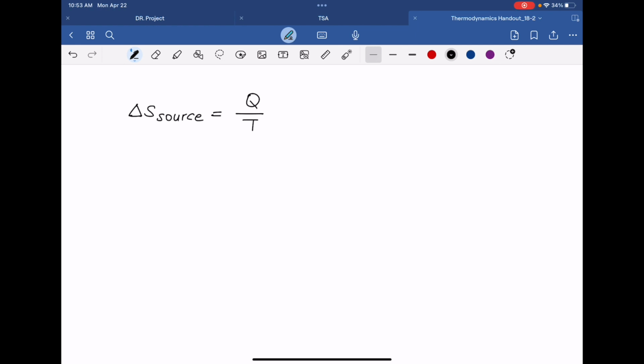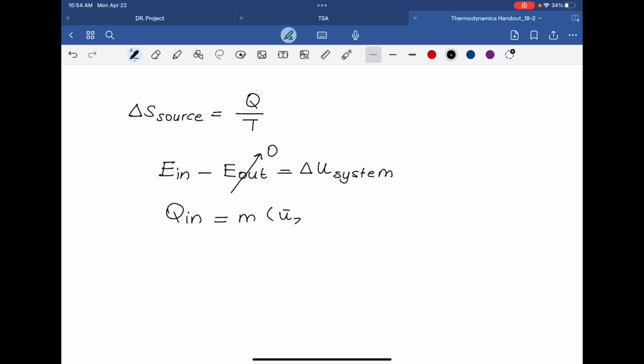Here you need to remember to write the energy balance for a closed system. Energy in minus energy out is equal to the change in the internal energy of our system, right? And energy getting in is Q. There is no energy getting out, causing a change in the energy of our system. And we found the mass.